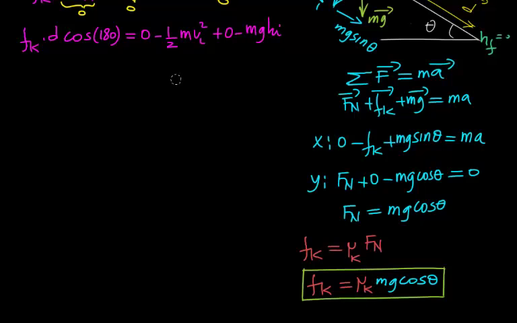Alright, let's make the substitution in the energy equation. Instead of Fk, we have mu k mg cosine theta, that's the inclined angle, times the d. We know that cosine 180 equals negative 1, equals negative 1/2 m v initial squared, we know what the initial speed is, minus m g h initial. Notice that the mass is going to cancel.